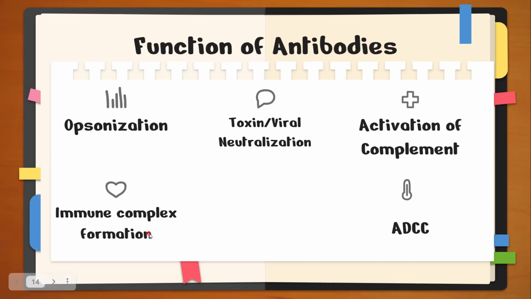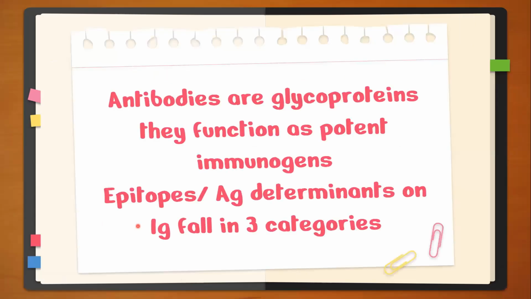In immune complex formation, the antigen is neutralized by the antibody. They form a complex and now the antigen is totally destroyed. This complex is engulfed by other phagocytic cells and destroyed. The immune complex formation results in 2 types of reactions, that is aggregation and precipitation.